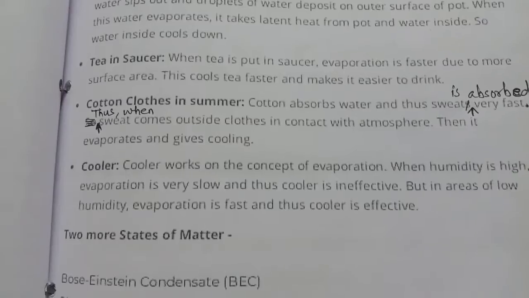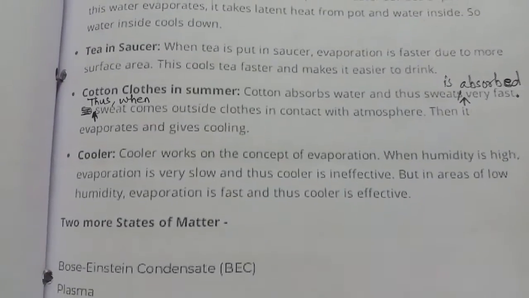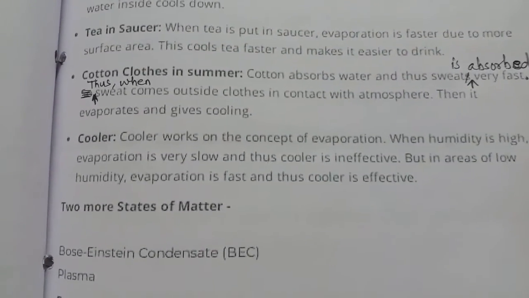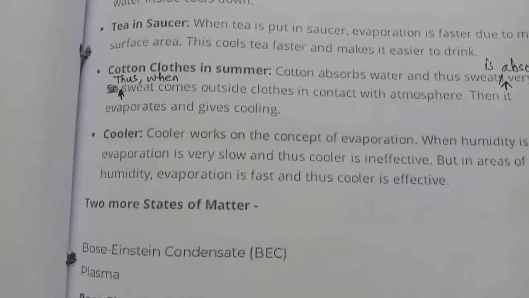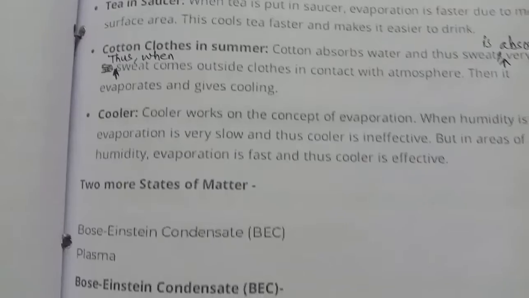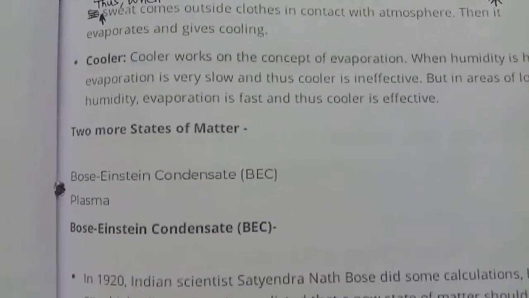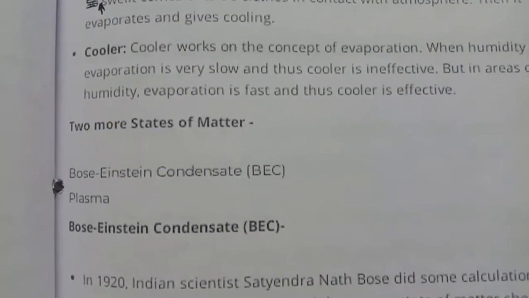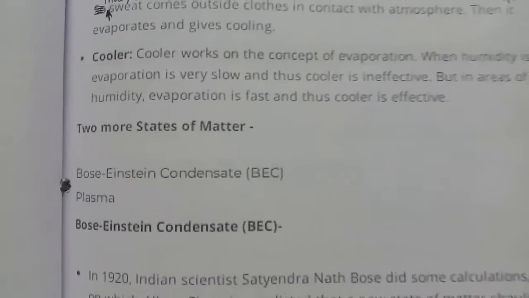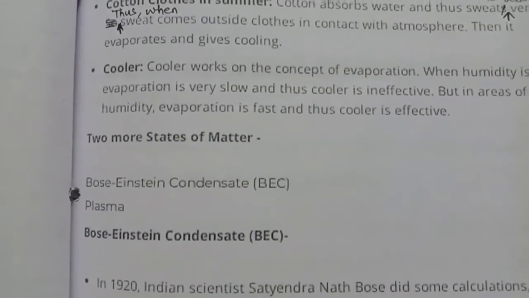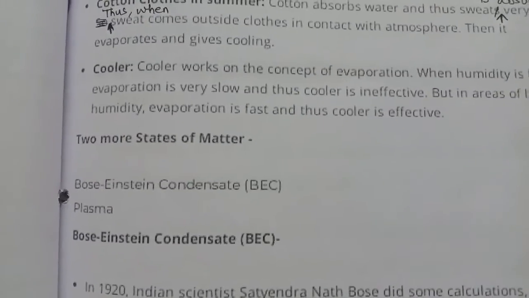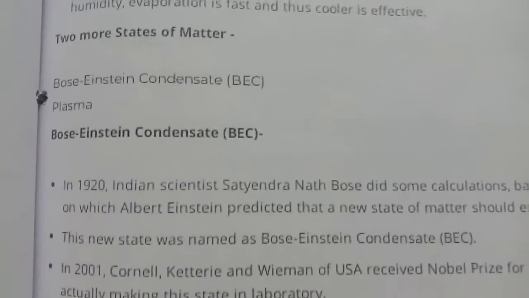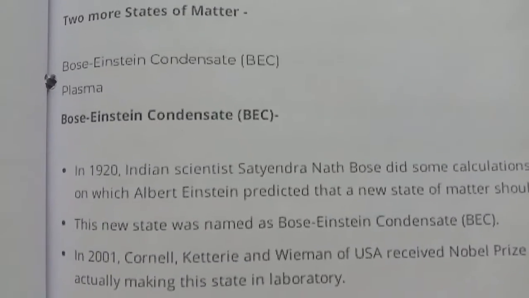Now, we have already studied 3 states of matter: solid, liquid and gas. But scientists have found 2 more states of matter, that is Bose-Einstein condensed state and plasma. You will study about both these states of matter in higher classes, 11th and 12th. Here we will have just a glance. What is Bose-Einstein condensed state?